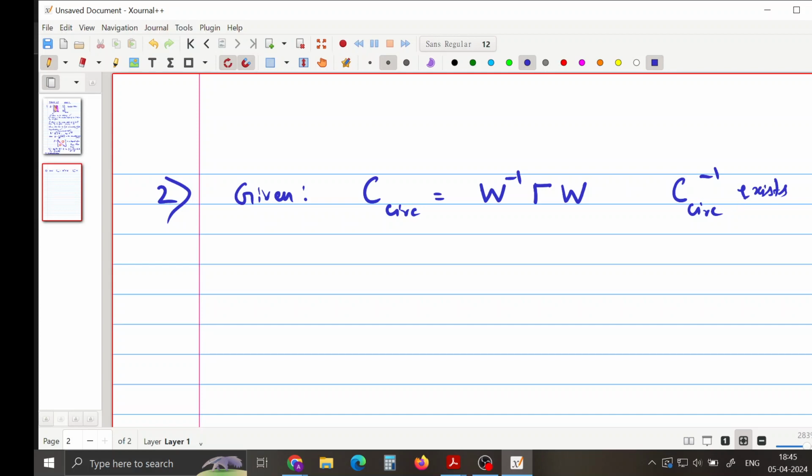If the inverse exists, then only you can compute the inverse, right? So then we are asked to find what is the form for C circulant inverse.